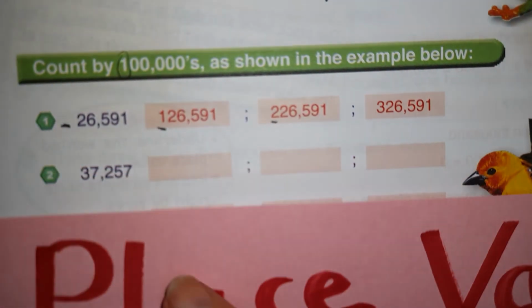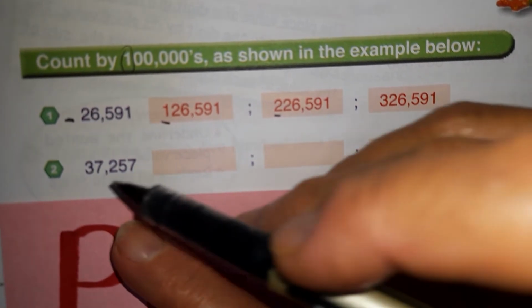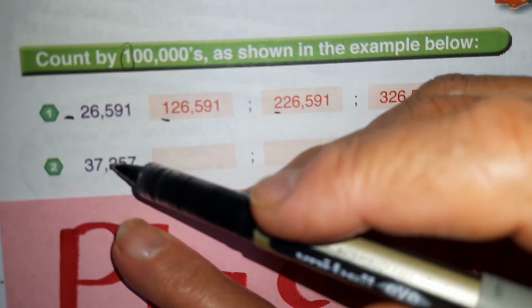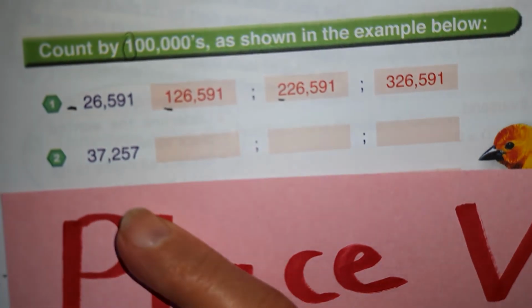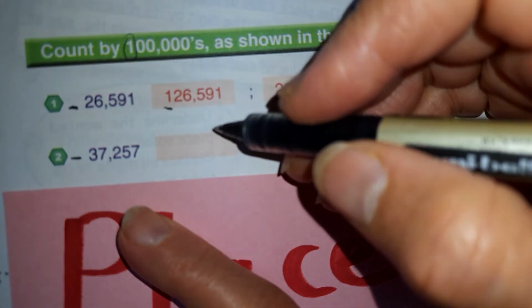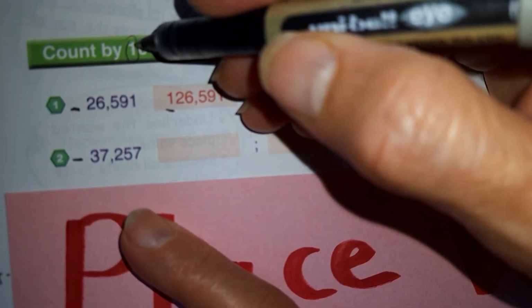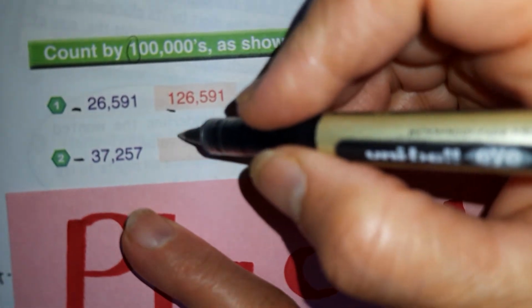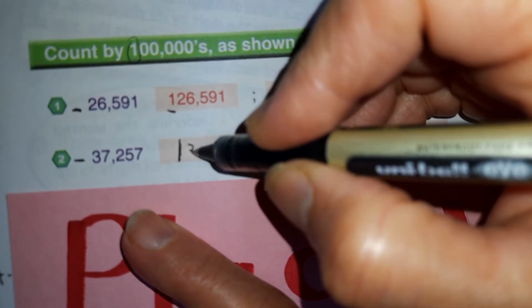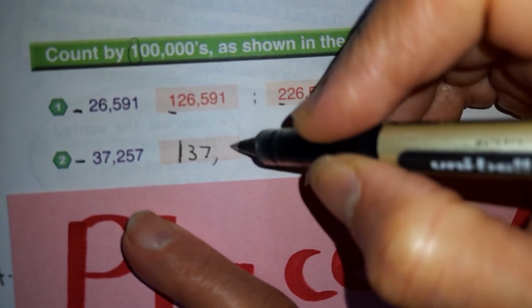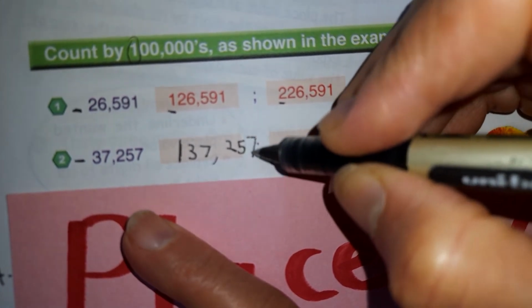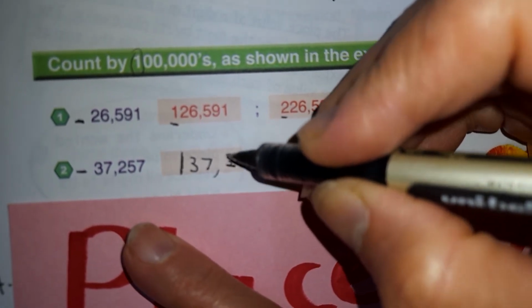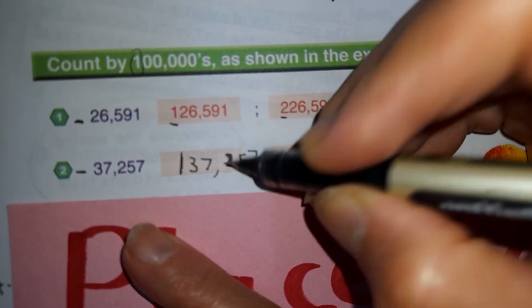Now let's go down. They wrote for me 37,257 as the question here above. I don't have 100,000, so I will put a dash. Then I will add to it what? 100,000. How much should I put? Yes, it will be 137,257. This is 2, sorry, 200.